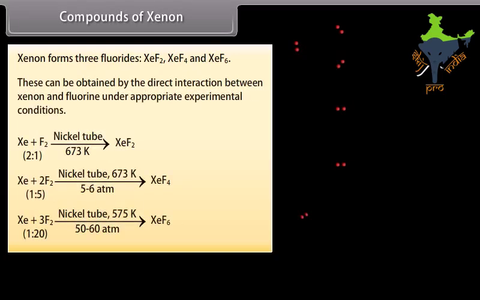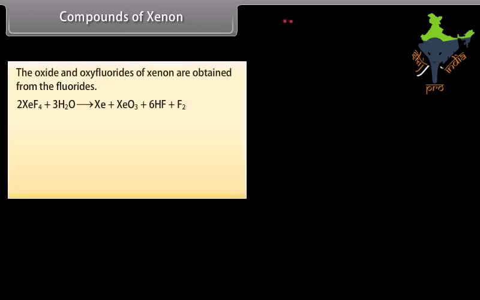These can be obtained by the direct interaction between xenon and fluorine under appropriate experimental conditions. The oxide and oxyfluorides of xenon are obtained from fluorides. Xenon trioxide can be obtained by the hydrolysis of XeF4.